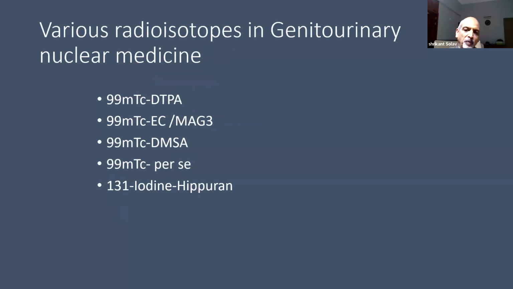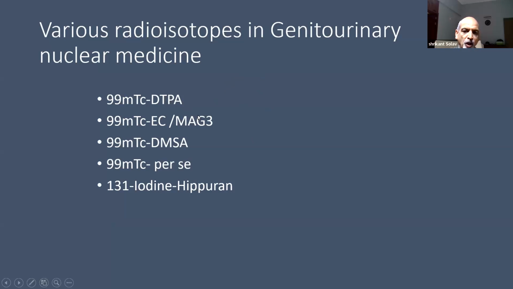So people often ask me what is the difference between DTPA, diethylene triamine pentacetic acid, and EC or MAG3, that's ethylene dicysteine or mercaptoacetyltriglycine. Both of these are actually renal tubular agents. So they bypass the glomerulus while transiting through the kidneys.